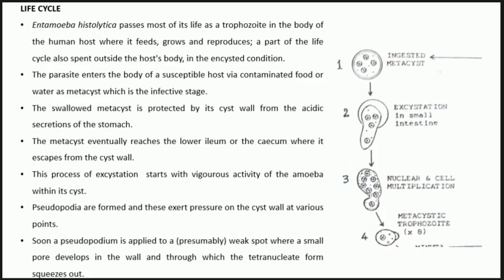Fecal matter may get mixed with water or some food for some reason, and because of that the metacyst, whose characteristic we have already seen, with four nuclei present, enters the body. The organism spends most of its life as a trophozoite in the human body. Initially the life cycle starts when it enters the body through contaminated food.